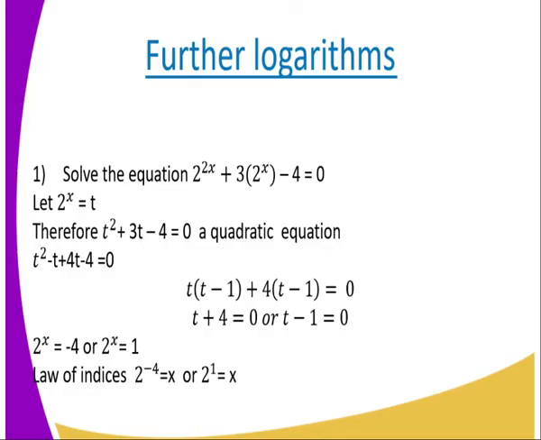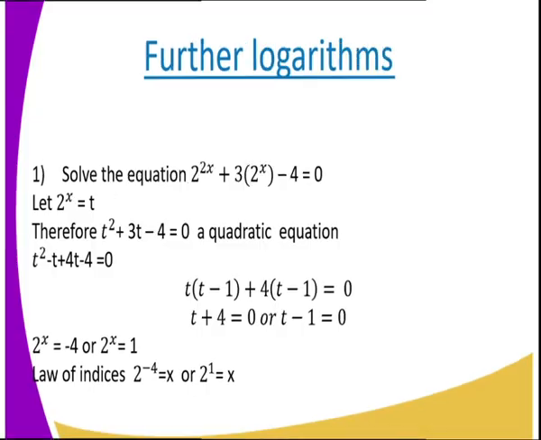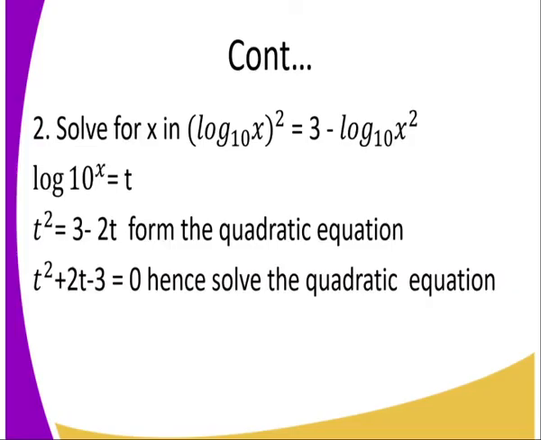Therefore, t squared plus 3t minus 4 is equal to 0. Solving it, you are going to get t is equal to either negative 4, and t is equal to 1. So in that case, 2 raised to power x is negative 4 and 2 raised to power x is 1. So when we get that, you are going to get the answers.